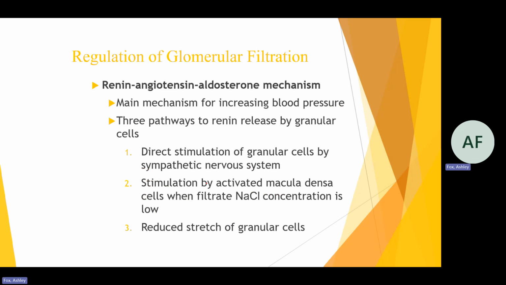We also have another way, the renin-angiotensin aldosterone mechanism. So renin is released by the kidneys, and then aldosterone has an effect on the kidneys. So we have this way of increasing blood pressure again by keeping more sodium than normal, and water follows. Renin is released by granular cells that are in the kidney as well.